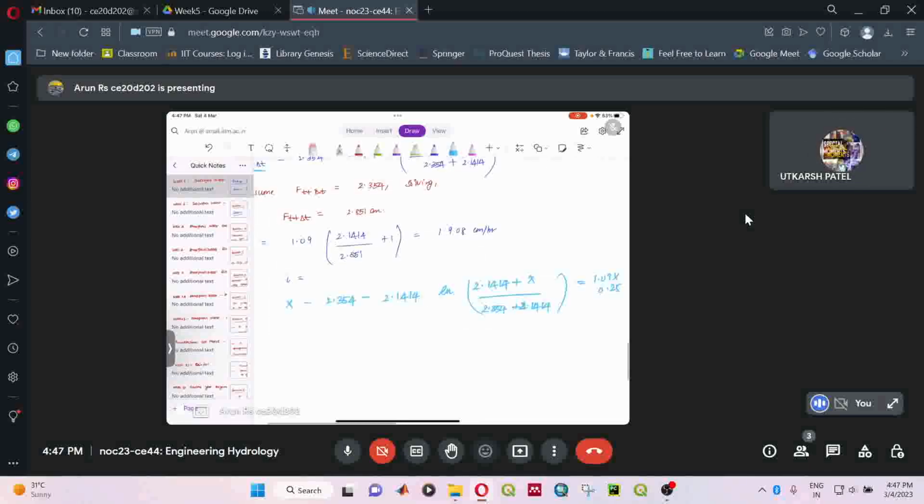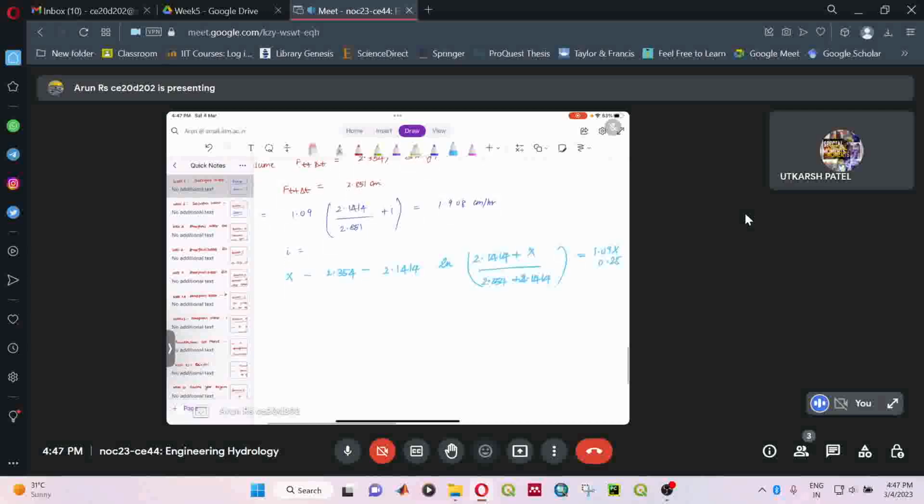So when you solve in the calculator, it will give x equal to 2.354 centimeter.